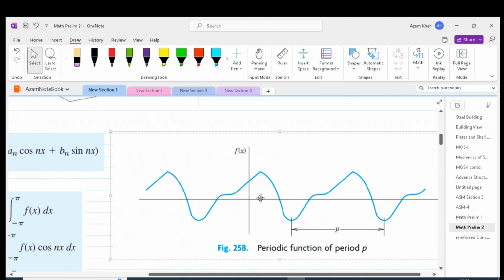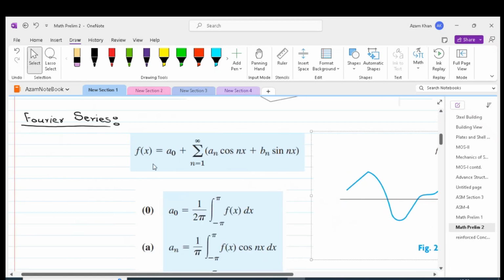As we can see in this figure, we have this function which is repeated after equal intervals. So this type of function can be very easily represented by Fourier series. In structure mechanics, we have loads, stresses, strains, etc., which can easily be represented as a Fourier series.